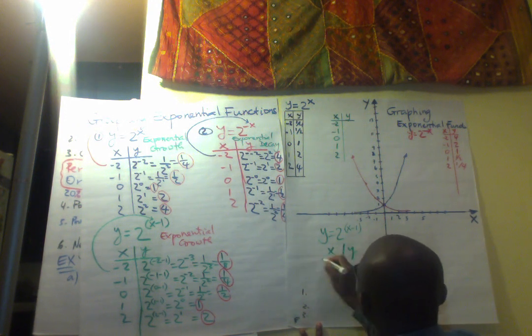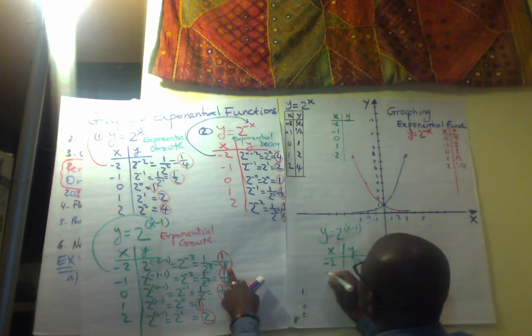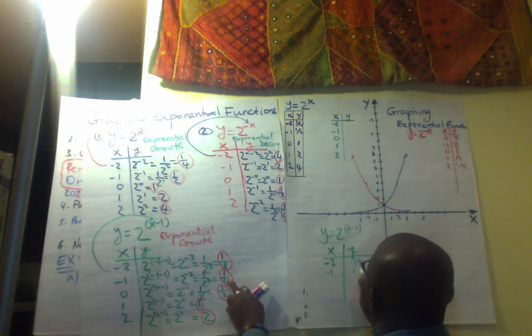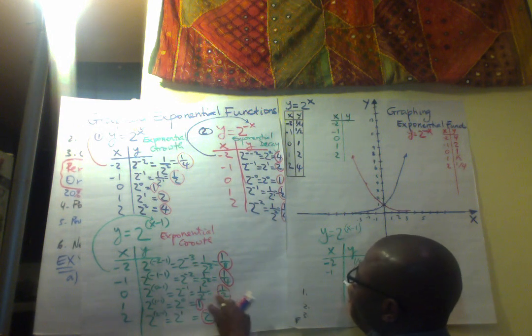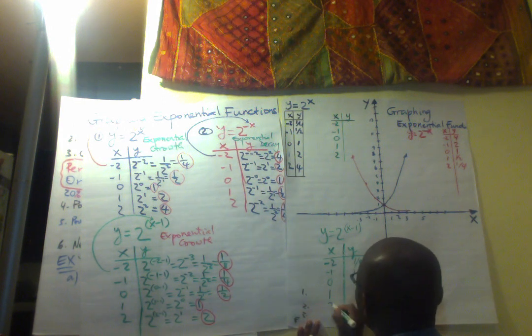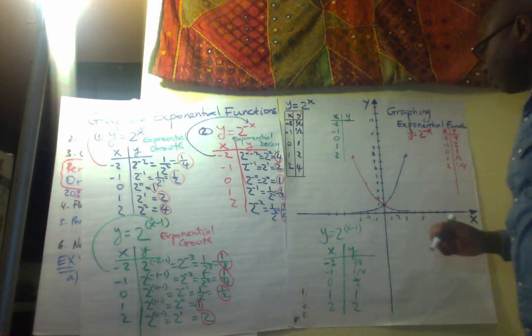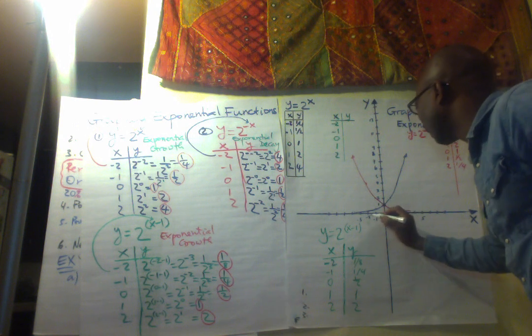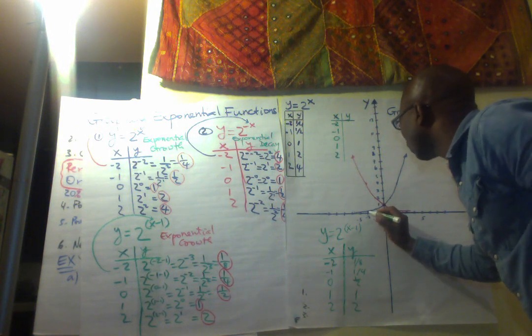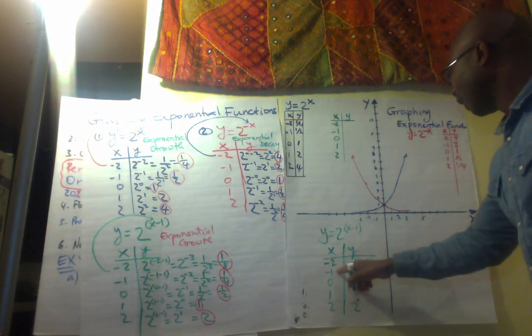For -2, our value was 1/8. For -1, it was 1/4. For 0, it was 1/2. For 1, it was 1. And for 2, it was 2. So if you were to graph that, -2, 1/8, it's really getting close, somewhere here. For -1, 1/4.